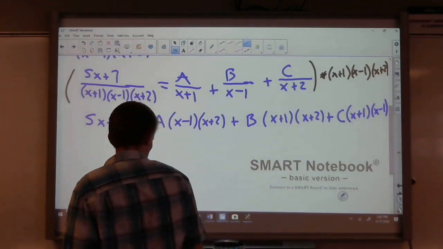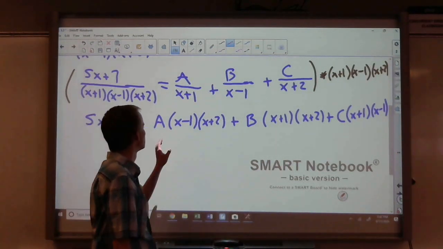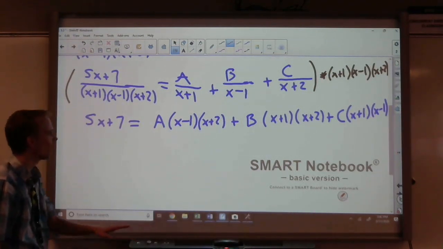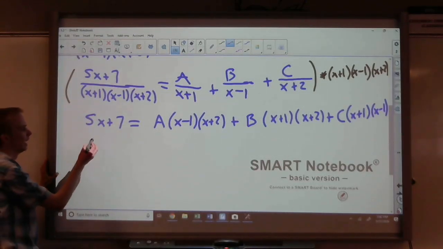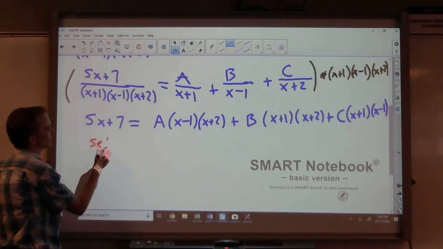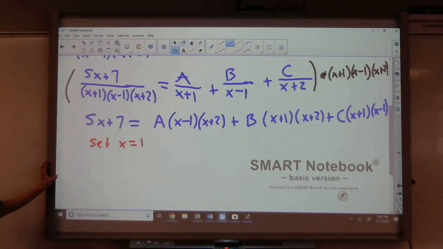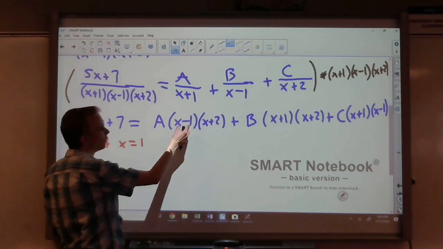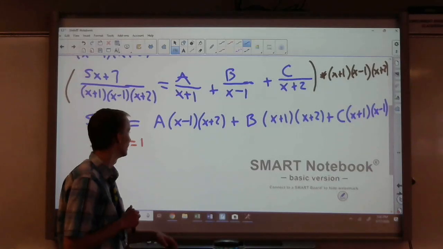So, to actually find what A, B, and C are, now I plug in numbers, okay? So I'm going to set x equal to 1, because that will make this 0, and that will get A out of the equation, okay?